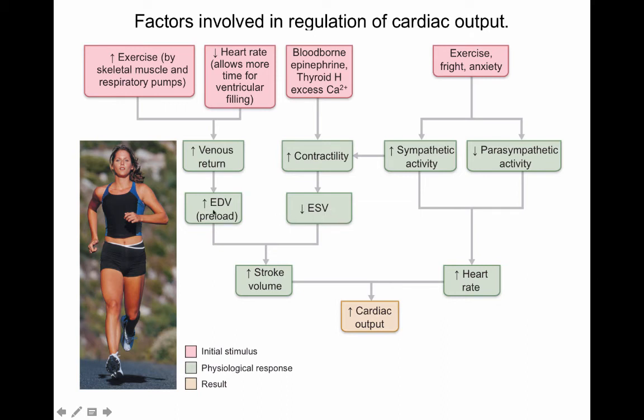That, coupled with a greater end diastolic volume, amounts to greater stroke volume. We also can see similar outputs from exercise, fright, and anxiety, which would be an increase in sympathetic activity and a decrease in parasympathetic activity that can also increase heart rate and then increase cardiac output.